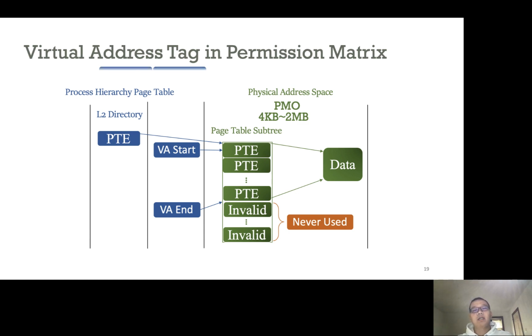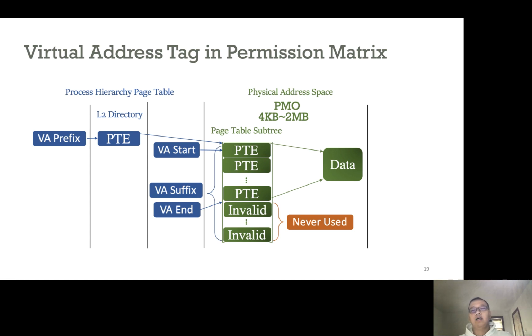Then we can partition the virtual address into two parts. The prefix is used to locate the last level PTE outside the PMO page table subtree, and the suffix is used to locate the PTE inside the PMO subtree.